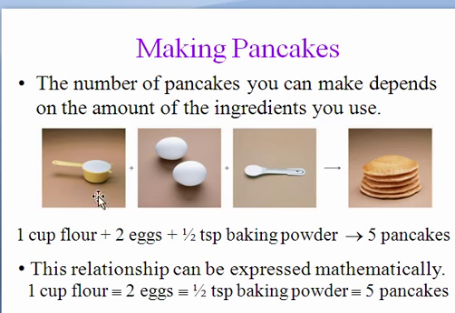Let's look at the mathematical relationship between these different substances. 1 cup of flour is equivalent to 2 eggs, equivalent to half a teaspoon of baking powder, is equivalent to 5 pancakes. We need this exact ratio to get this amount of product.